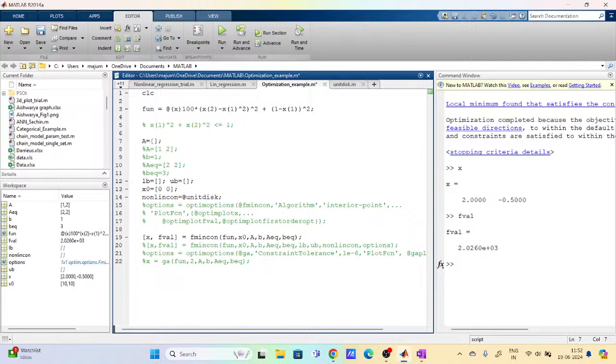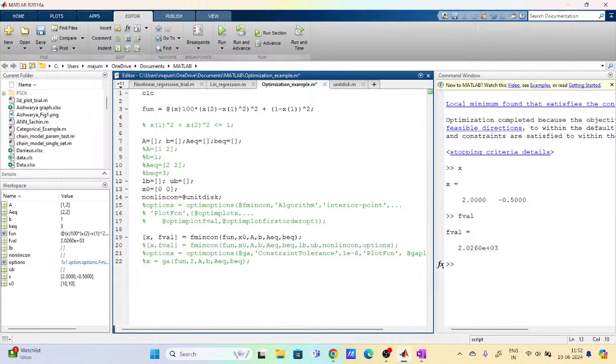Small b equal to a blank matrix. AEQ is equal to a blank matrix because no constraint is there, and BEQ is equal to a blank matrix. Lower bound, upper bound also nothing is there.